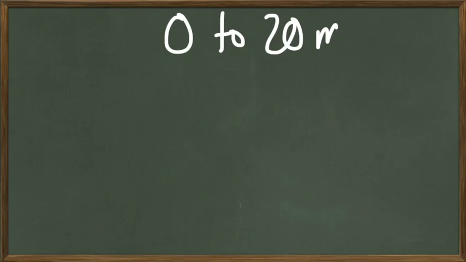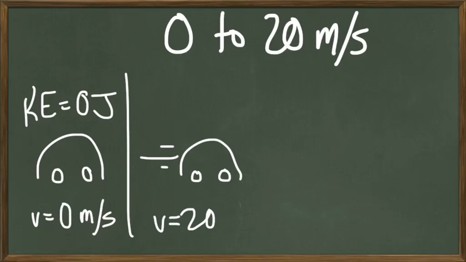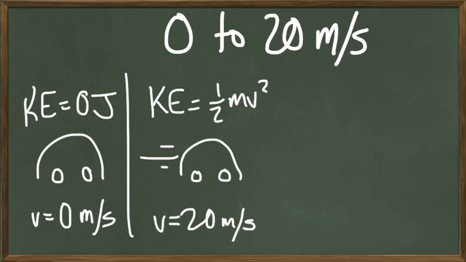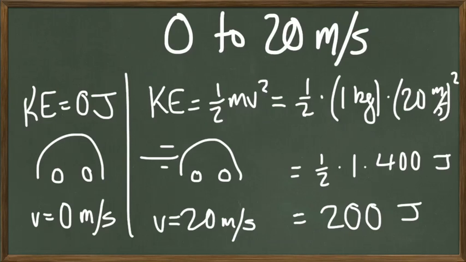Part 2. How much work does it take to go from 0 to 20 meters per second? Again, the initial kinetic energy is 0. And at its final speed of 20 meters per second, the car has this much kinetic energy. Again, the formula, 1/2 mv squared, equals 1/2 times 1 kilogram times (20 meters per second) squared, or 1/2 times 1 times 400 joules, or 200 joules.